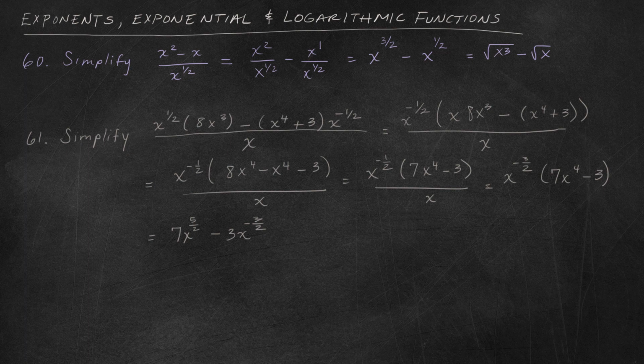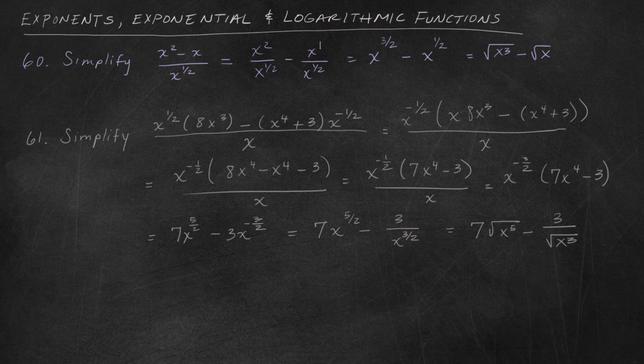And we can leave our answer like that, or we can rewrite it so that it does not have a negative exponent, although in calculus we usually don't do that. 7x to the 5/2 minus 3 over x to the 3/2, like so. And again, I can leave it like this, or I can go back into radical form. 7 times the square root of x to the 5th minus 3 over the square root of x cubed.